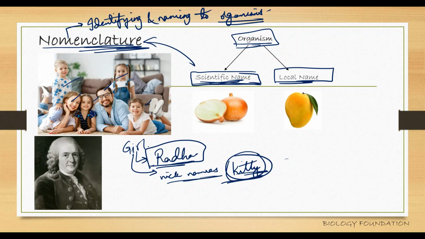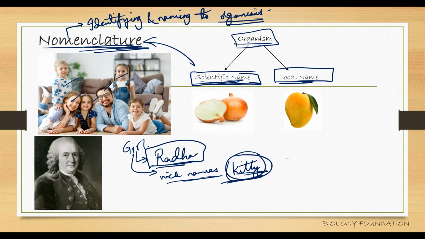We'll understand it better with examples, but when I use the term nomenclature, it's nothing but naming an organism. And why do we name organisms? In order to study them. I can't call every plant plant one, plant two. A particular name should be given to that particular species for proper in-depth studying and proper organization.